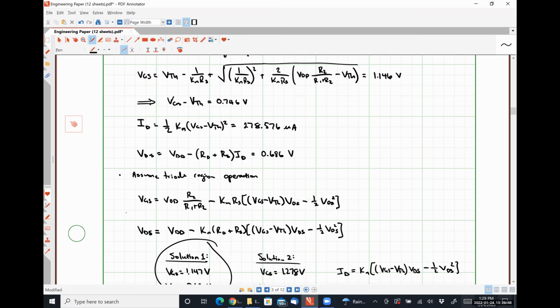And as we'll find out in a week or week and a half, when we start talking about amplifier circuits, the amplifier's ability to convert small signal input voltages into output currents and amplified output voltages is very much dependent on us maintaining our operation in the saturation region.